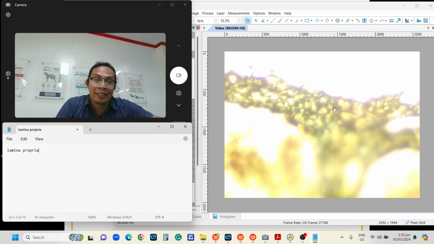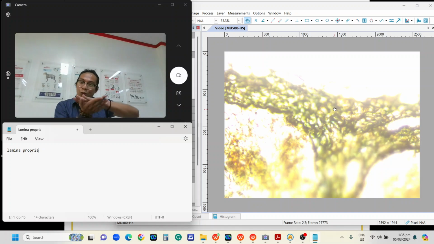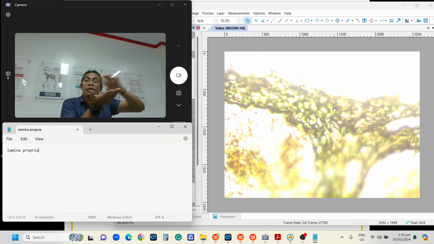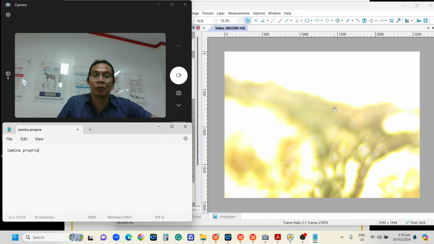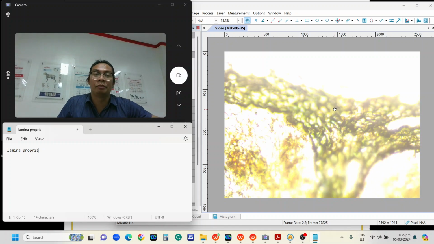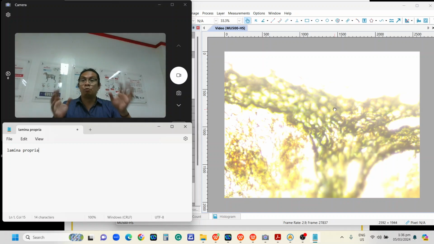Ibig sabihin nun, hindi na flat yung tissue. So, uneven yung pagkaka-mount sa kanya or may kulot kaya nagkakaganon. So, when you are observing these slides, dapat lagi i-move nyo ang inyong fine adjustment para ma-appreciate nyo yung buong tissue itself.